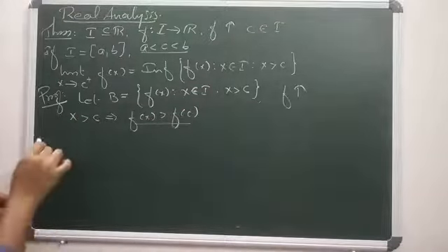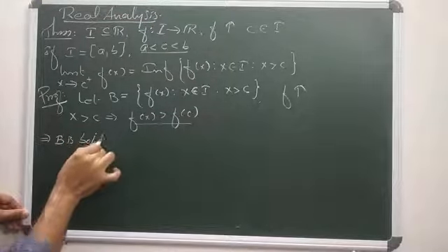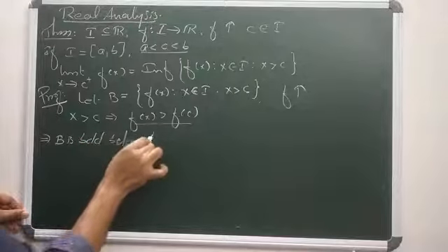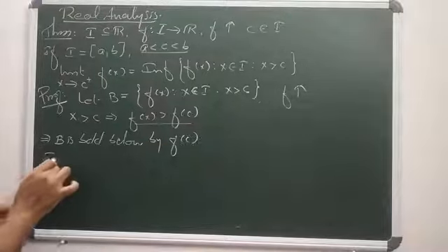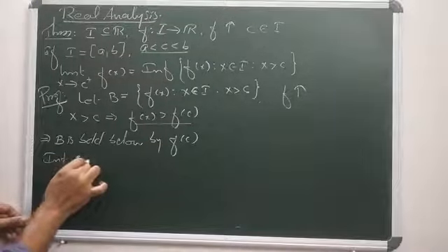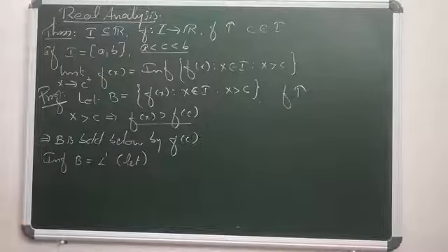By f of c. That means B is bounded below by f of c. Since B is bounded below, the infimum of B exists. Let L dash be the infimum of B.